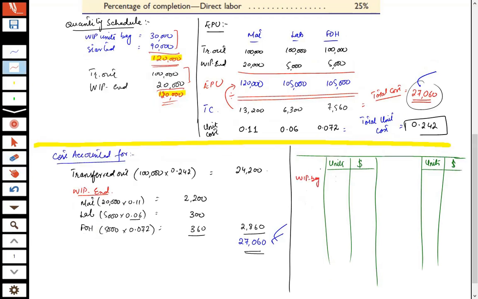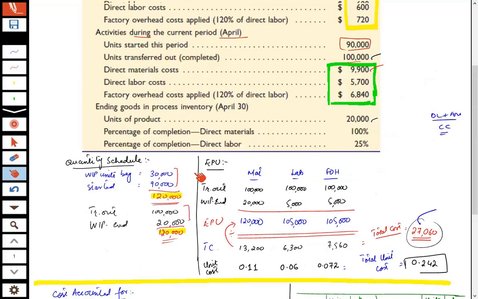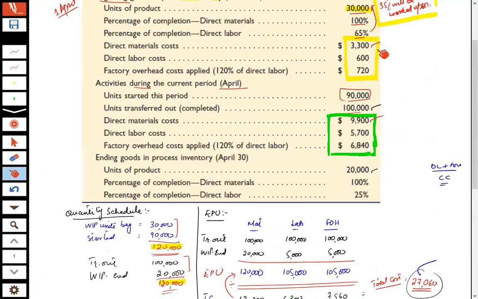WIP beginning were 30,000 units, and the total cost of WIP beginning was this. Can you calculate it? Total: 9,000 plus 3,900 plus 720.